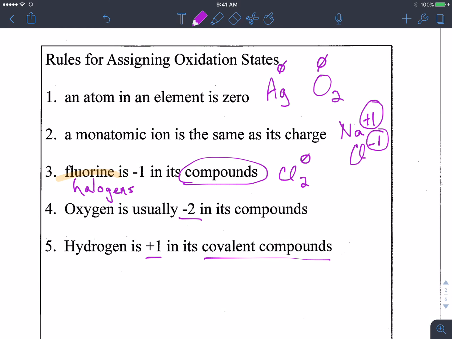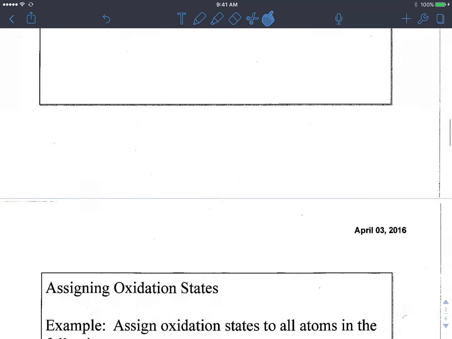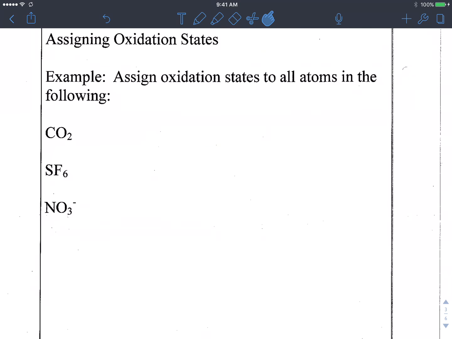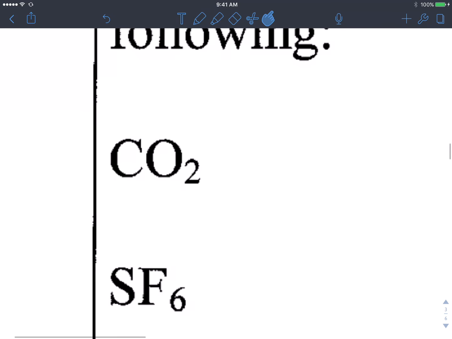The easiest way to learn this is to start with an example. So let's assign some oxidation states. We'll zoom in here on CO2. If we go back to the rules, we know that there is no set rule for carbon. You can look all you want at your periodic table and assume that it's +4, but you really don't know until you do the math.